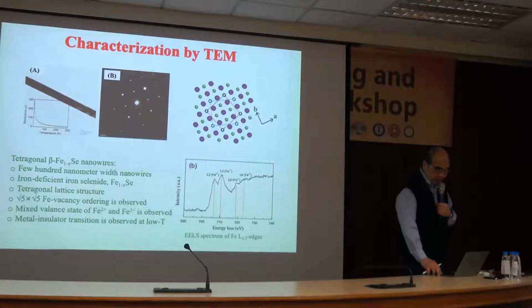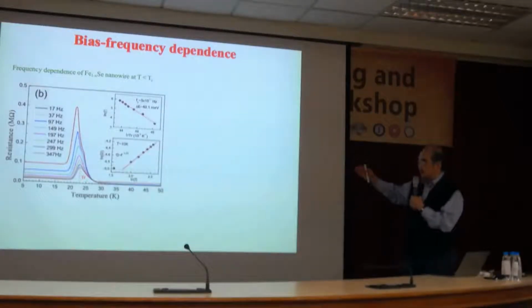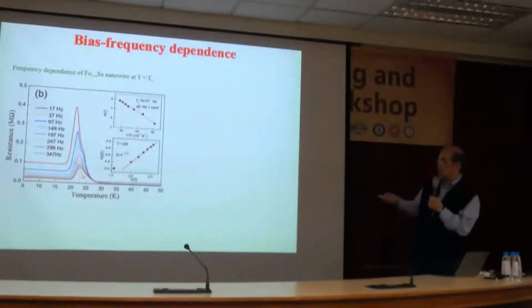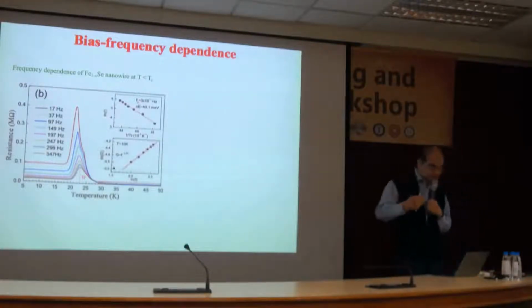Okay, and surprisingly, we see this. There's a lot of data. I'm just showing one typical result. There is a strong bias and frequency dependence of the transport behavior of this narrow line. When you change the probing frequency, the metal insulator transition seems to really change.